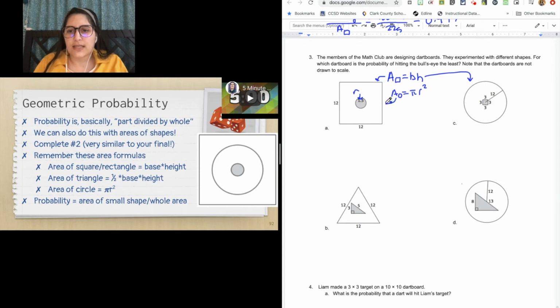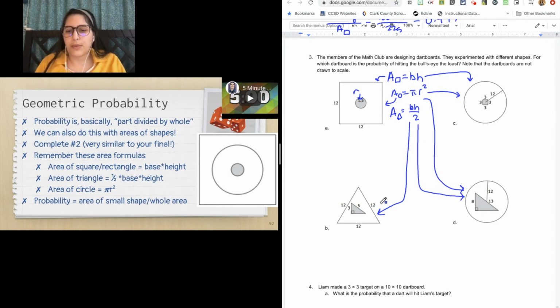So you're going to need this for part A. You're going to need it for part C. And you're also going to need it for part D. And then lastly, we have the area of a triangle, which is base times height divided by 2. So you're going to need that one for part B, and you're going to need it for part D.